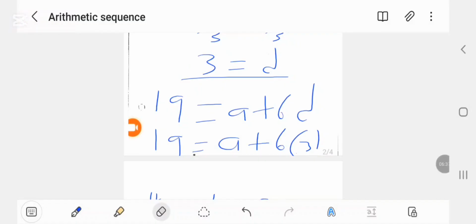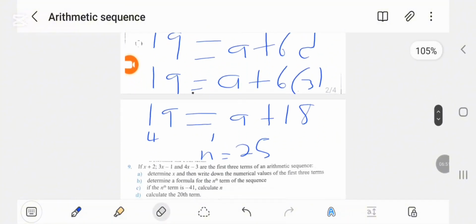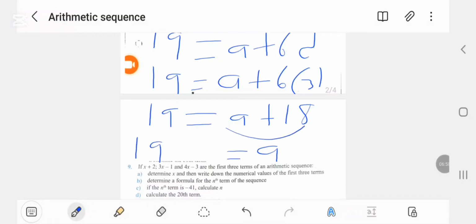So now 19 is equal to a plus 6 times 3, which is 18. So a is equal to 19, this one jumps here, minus 18. So our a is 1.